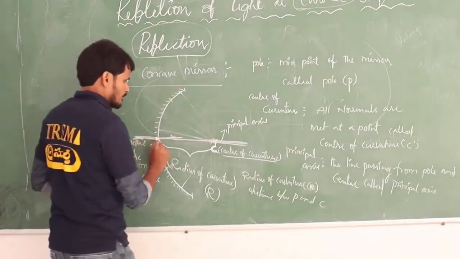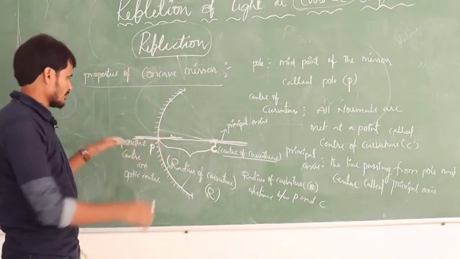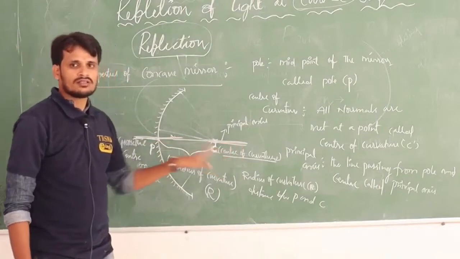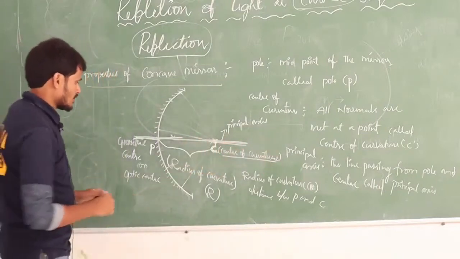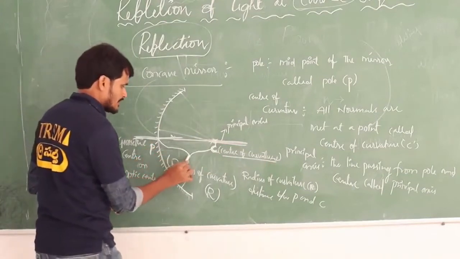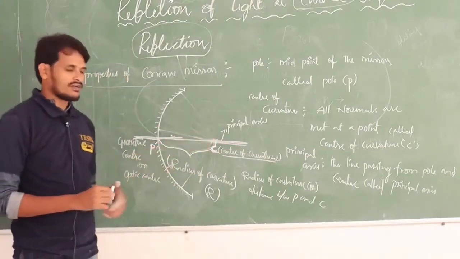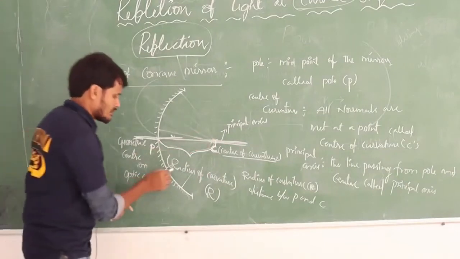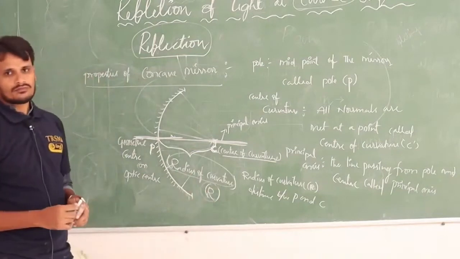The line passing through the pole and the center is the principal axis. The distance between the pole and the center of curvature is the radius of curvature, denoted by capital R.